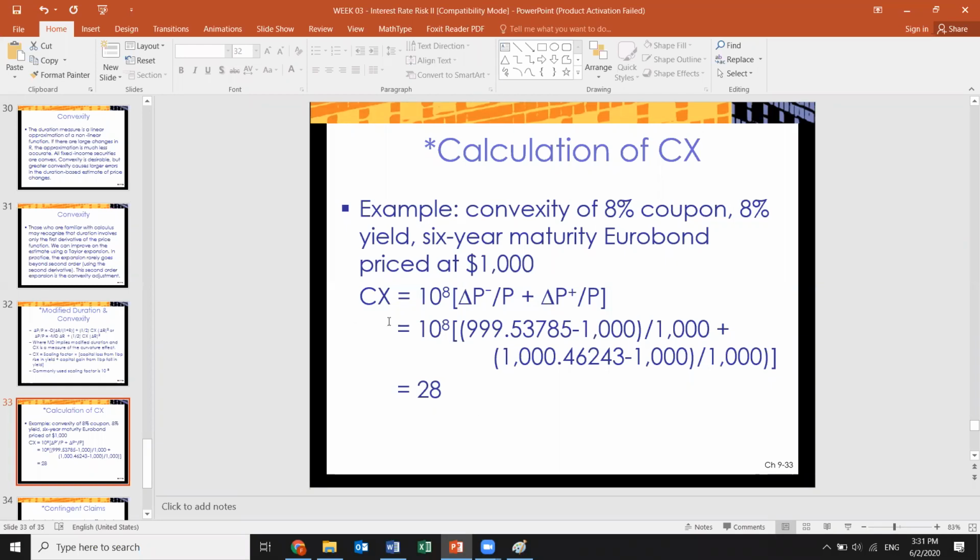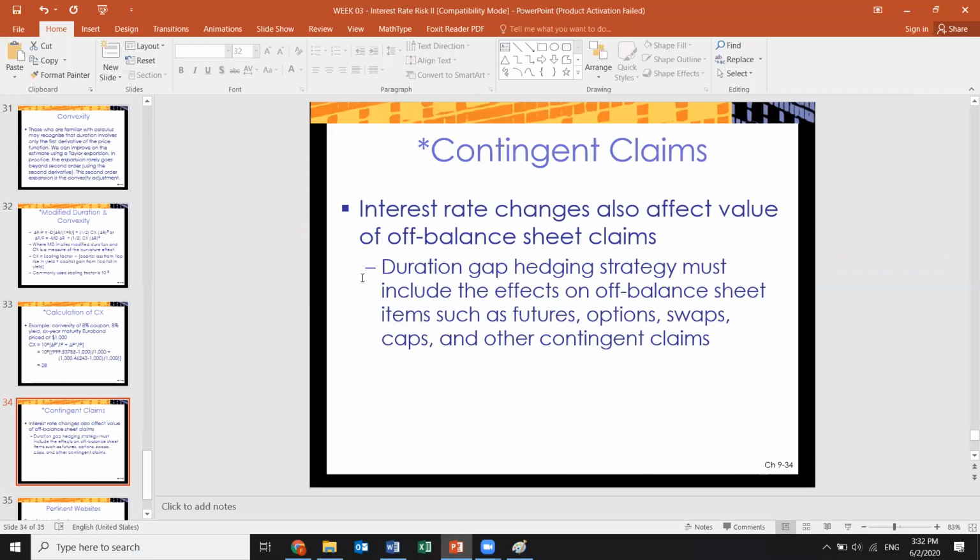And your convexity, the curvature effect, is equal to 28. We'll have more examples with the Cx, then you will understand it. We'll try to compare how accurately it measures the effect of convexity on the price, relative to price changes actually.